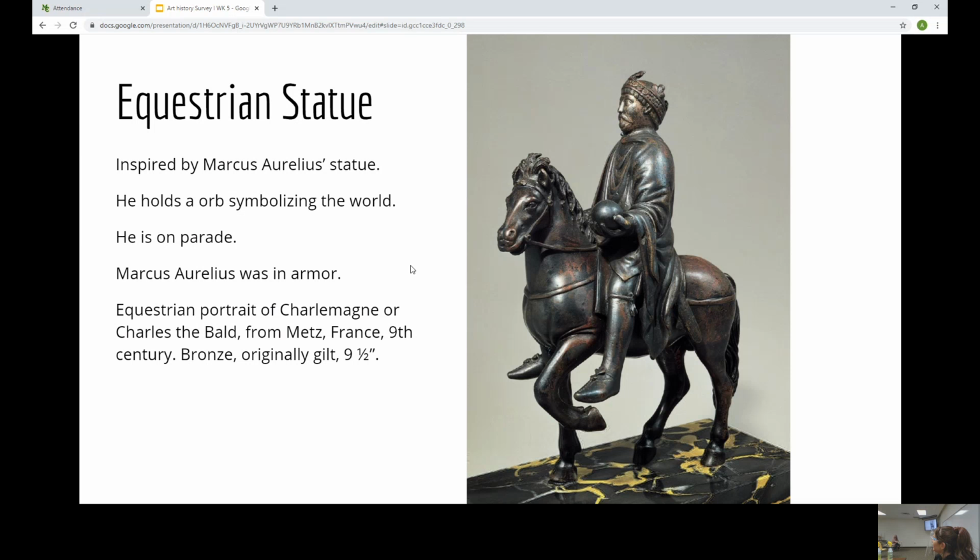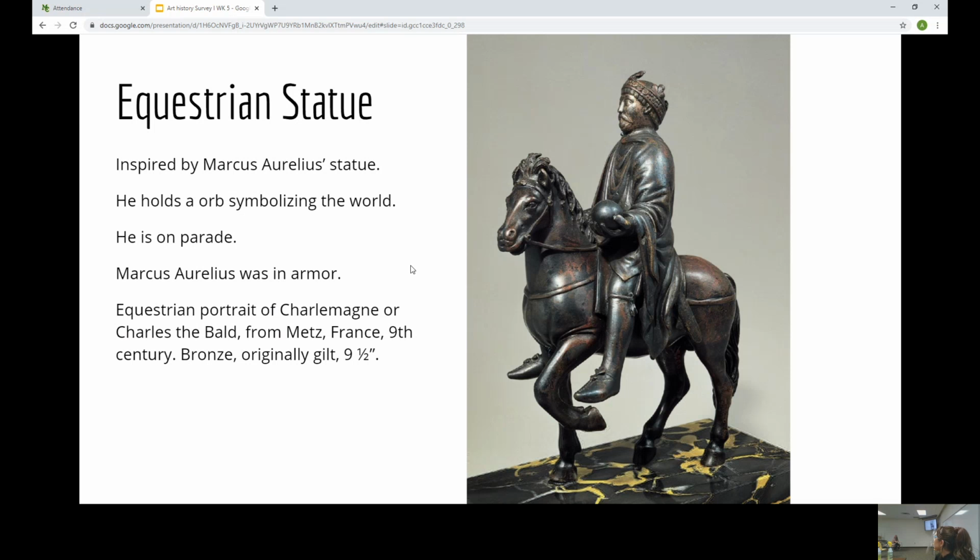What do you guys think of the image that he's portraying here versus the Marcus Aurelius statue? He does look more wimpy. With the Marcus Aurelius one, his horse is about to stomp someone to death, and he's in a very commanding pose. This one, he's just walking down the street.